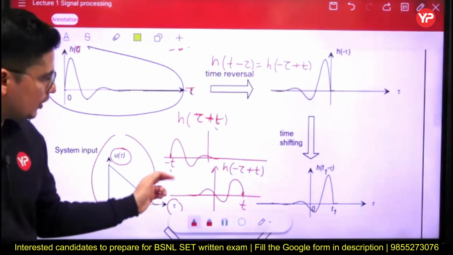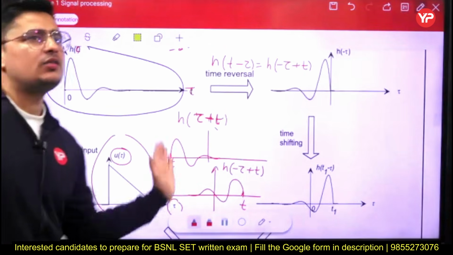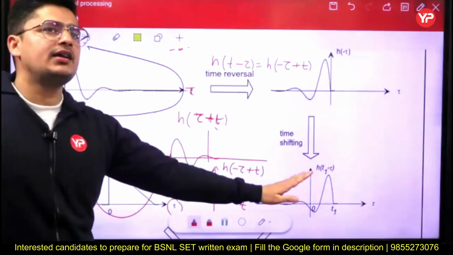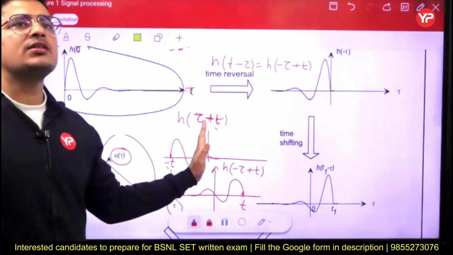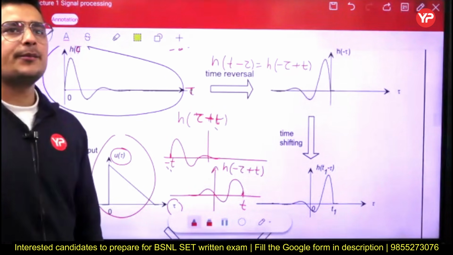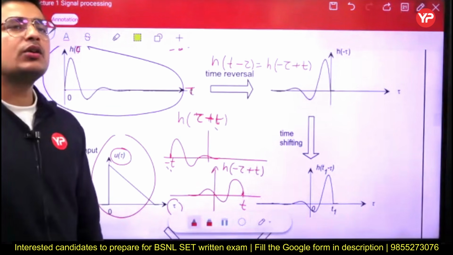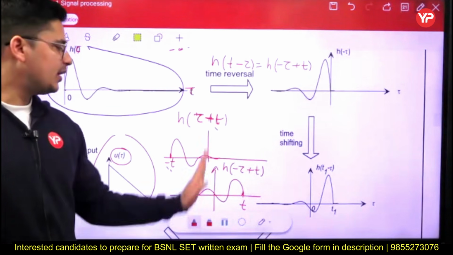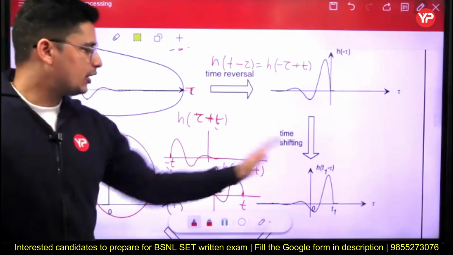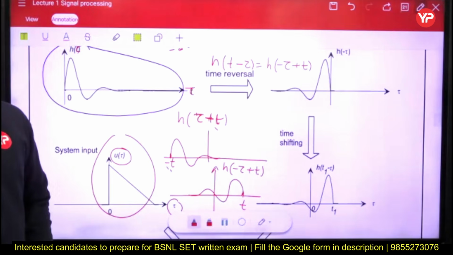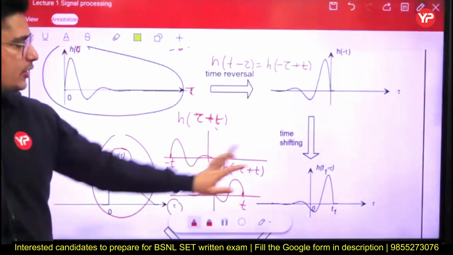Time reversal means the negative side will go to the right side and the right side will go to the left side, or you can say just make a mirror image about the y axis. If you want to do the time reversal of h of minus tau, just make a mirror image of this graph about the y axis. Understood? Now we have the graph of h of minus tau plus t.